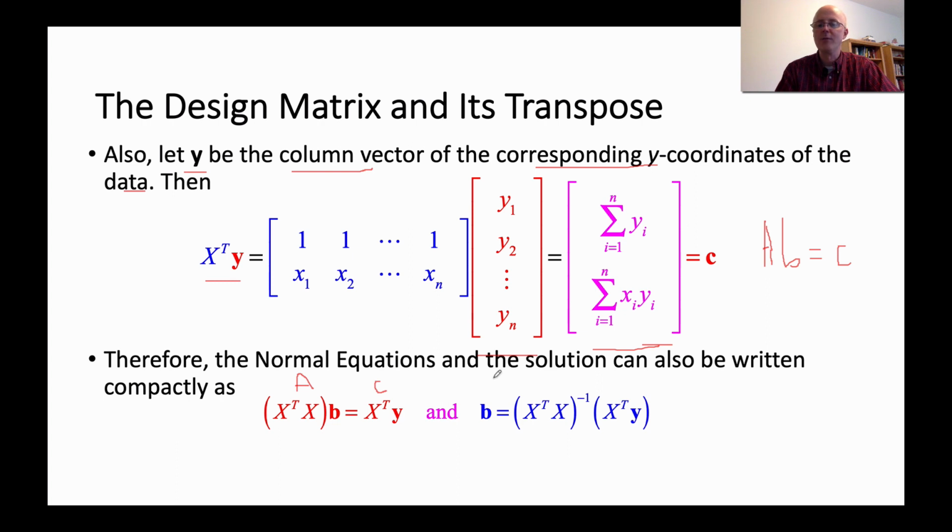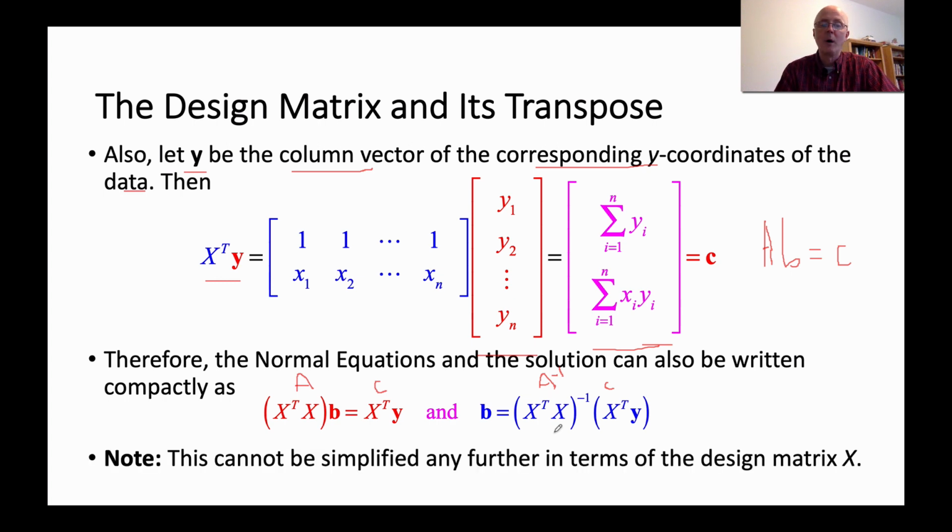And I can solve for B as A inverse times C. Well, A is X transpose times X, and A inverse is then X transpose times X, inverse. And that is another way to write the solution of the normal equations. Note, this cannot be simplified really any further in terms of X. You cannot take this inverse operation and bring it through the parentheses here.